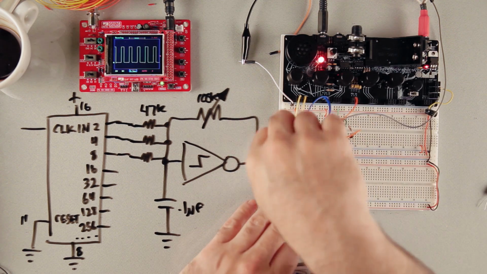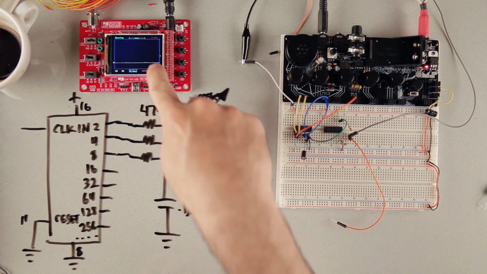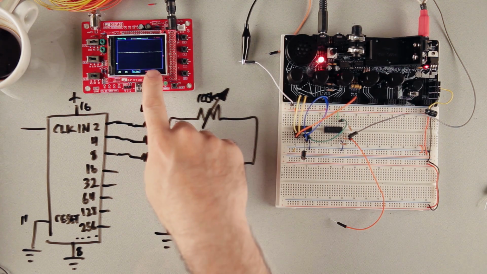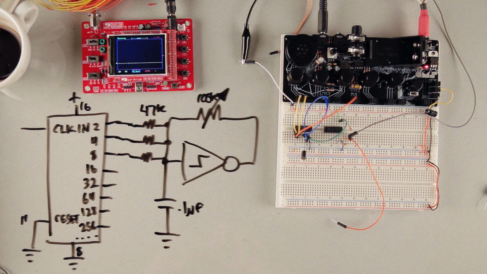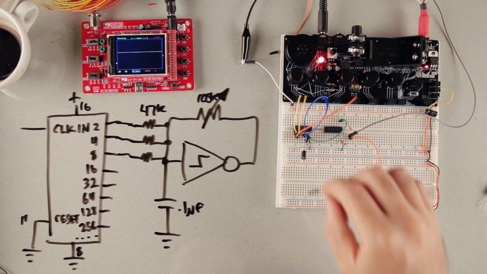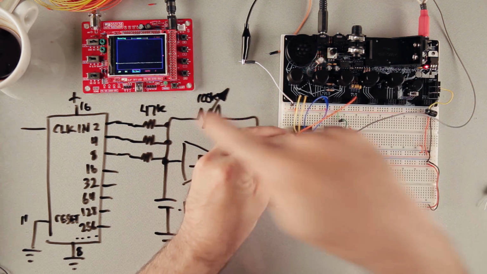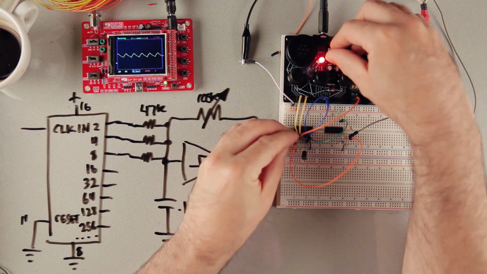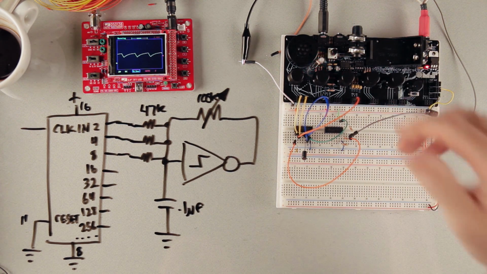Okay, so if we look at the signal coming from these 3 resistors on the scope, you can see it here. It's a voltage that's going up and down. And when we apply that again to our oscillator, it's going to look a little different on the scope, but you can hear the pitch going up and down.